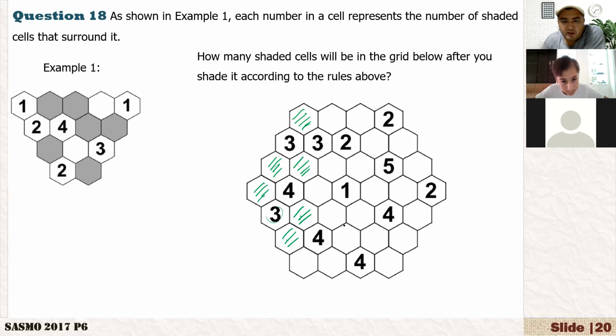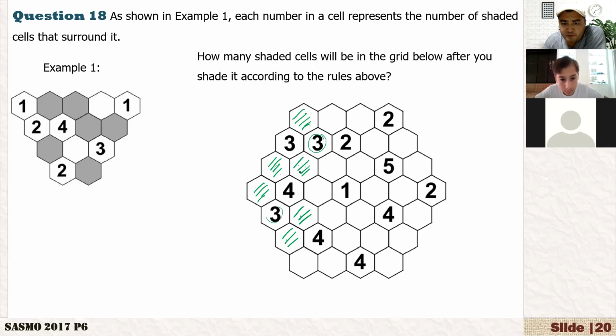Now, let's move to the right-hand side of the 4. How about completing this 4 and 3? If you look at this 3, it is already touching 2 shaded cells, so just shade the top one or the bottom one. We don't know. How about this 4?